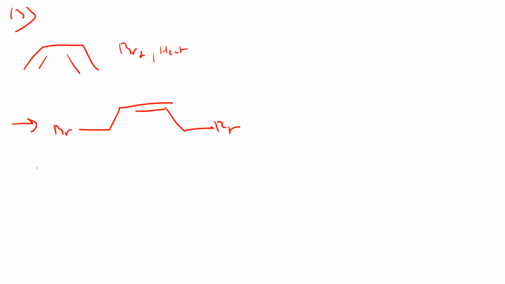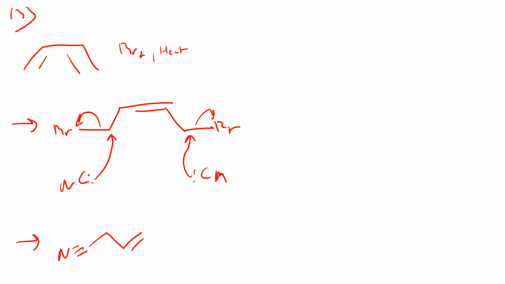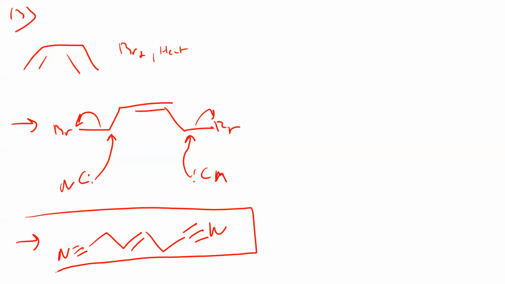Then we're going to have sodium cyanide, which we're going to have an SN2 reaction here. This will be gone. And we're going to do the same thing. It says 2 equivalents, so we'll do the same thing on the opposite side too. So finally, what we're going to be left with is what they want. They want you to draw this. So you'll be drawing this for the final answer.